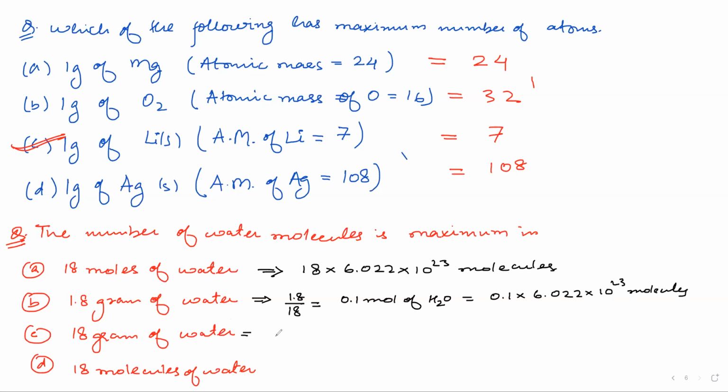Now here we have 18 gram of water. 18 gram will be 18 upon 18, given mass by molar mass, so this will be equal to 1 mole of H2O, which is 6.022 into 10 to the power 23 molecules. Now 18 molecules of water, you don't have to convert it into anything. It will be just 18 molecules of water.